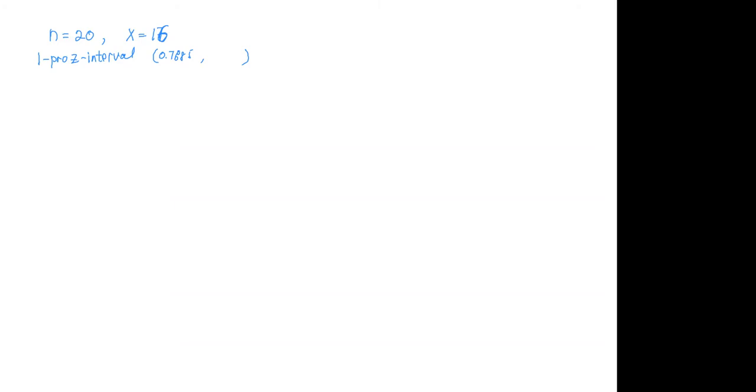Okay, so I get here 0.6247, and here is 0.975. Then you write, we are 95% confident that the proportion is between these values.